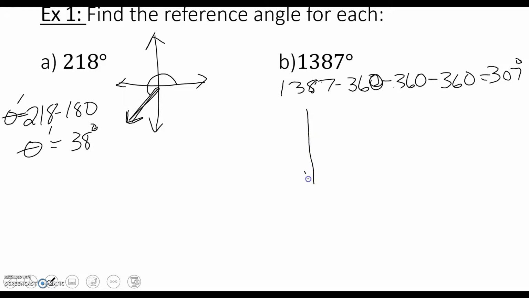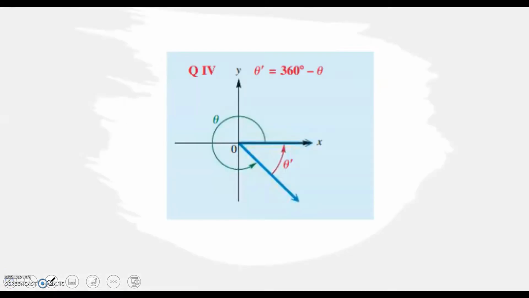And so now if I do a quick sketch of 307 degrees, I know that this is 180. I know here is 270. So 307 has to be somewhere here in the fourth quadrant. So this is my angle theta. And so if I go back to quadrant 4, this is how you find the reference angle. You do 360 minus that angle.